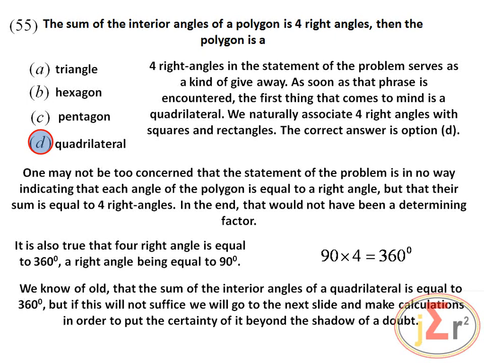But if this will not suffice, we will go to the next slide and make calculations in order to put the certainty of it beyond the shadow of a doubt. So we know that the sum of the angles in a quadrilateral must be 360 degrees. However, if that is not enough for option D to be selected, let us move to the next slide.